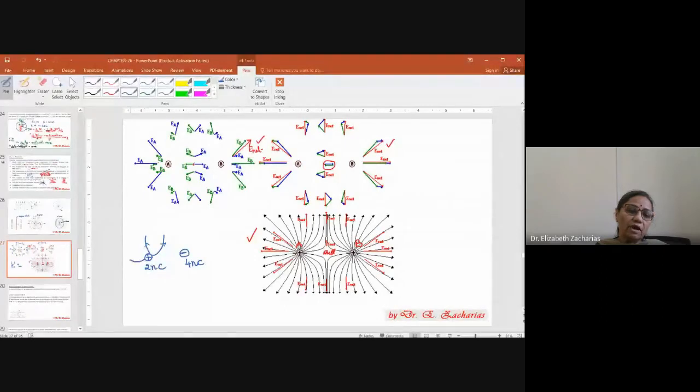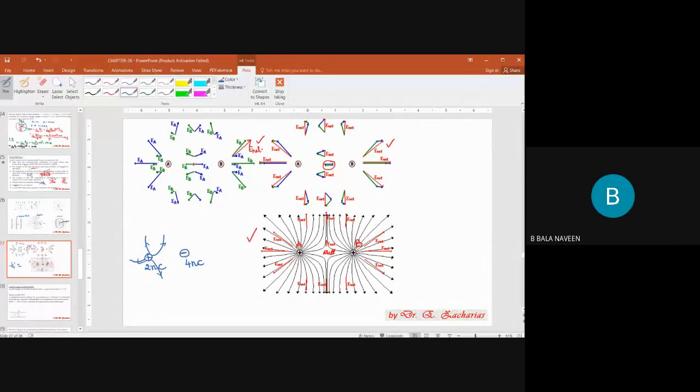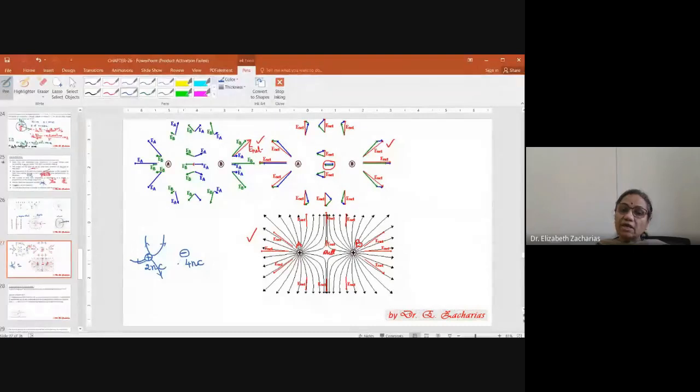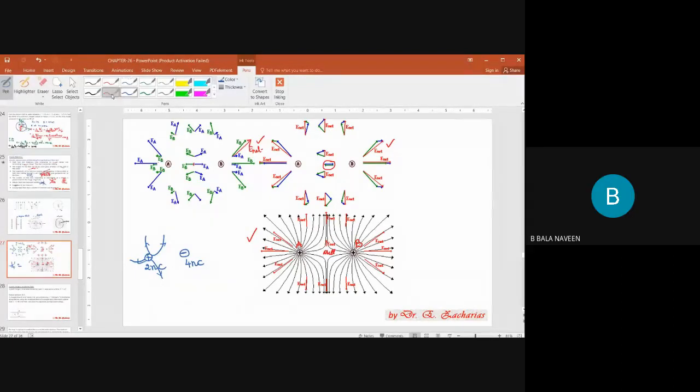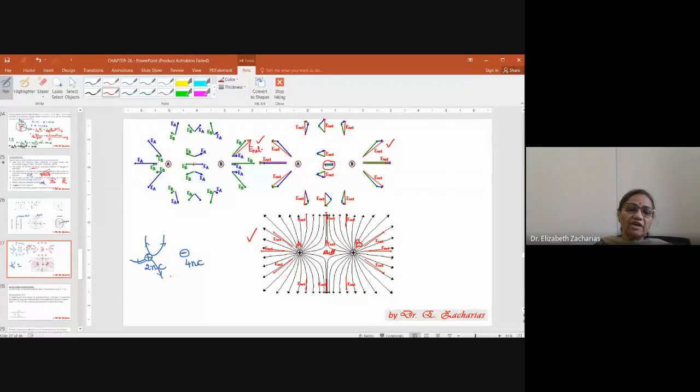So let us say I am going to draw 4. From the 4 nanocoulomb, moving inside, how many? Here I do 4, so here I should draw how many? 8. Okay, it will be 8 of them coming in.